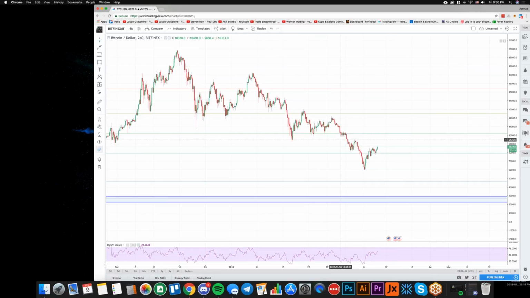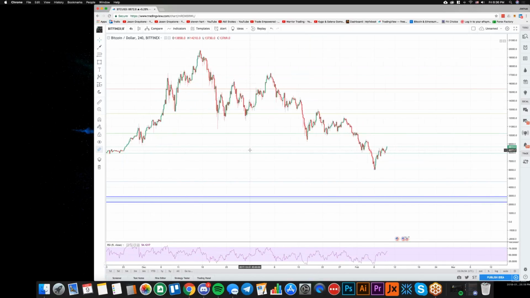And resistance is the area that you expect price to go up to before it turns around and comes back down. So you can think of support as the floor of a building and resistance being the ceiling.